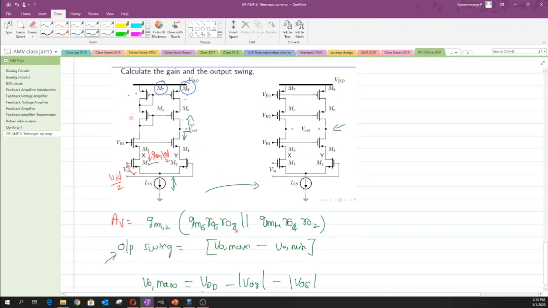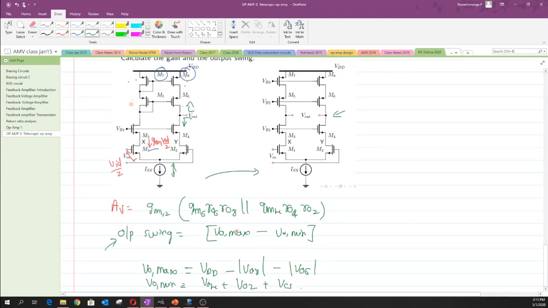Okay, so right now I just want to do a problem based on this telescopic op-amp, and also want to address the drawback in this particular circuit by using a simple closed loop configuration. Okay.